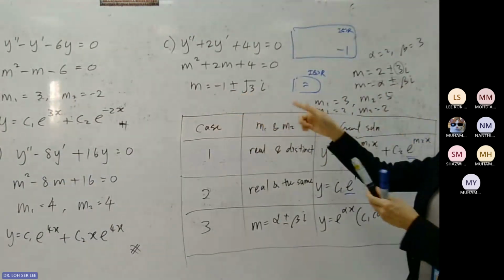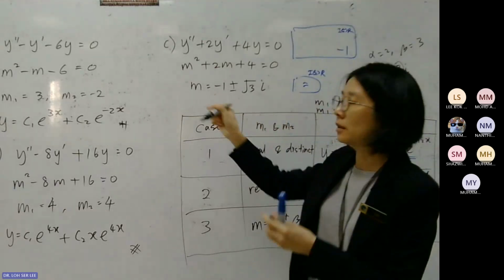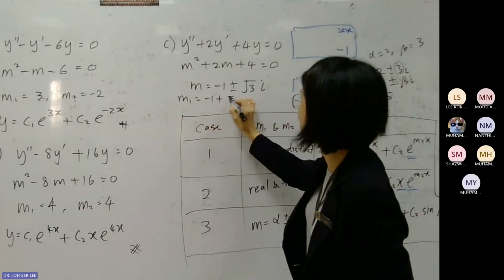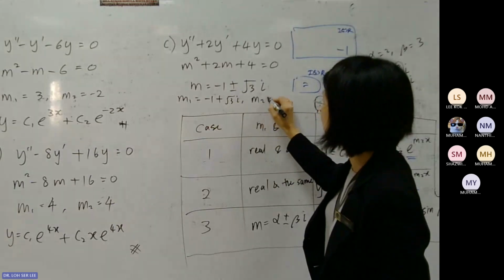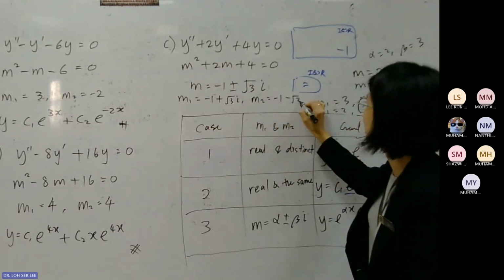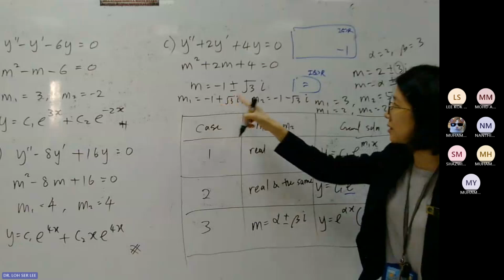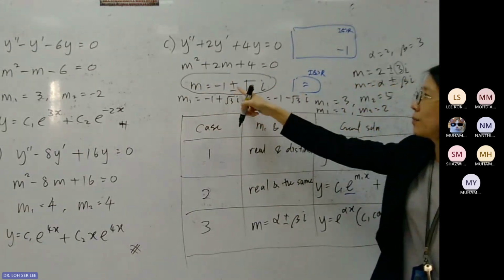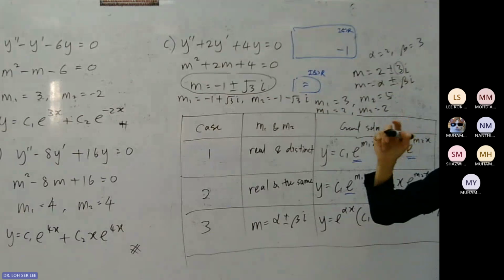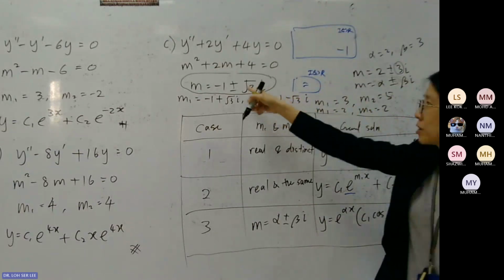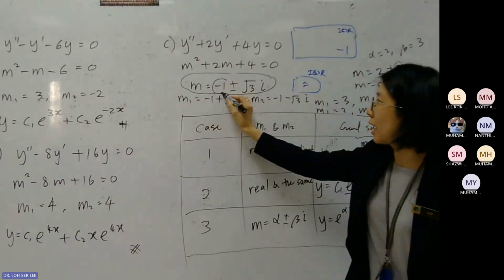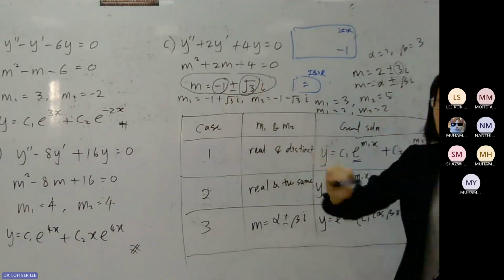If you look at your calculator, your m1 is -1 plus 3i and your m2 is -1 minus 3i. One is plus, another is minus. That's why we just write in this form when it is a complex conjugate. This is easier for us to see. This is your alpha, this is your beta.